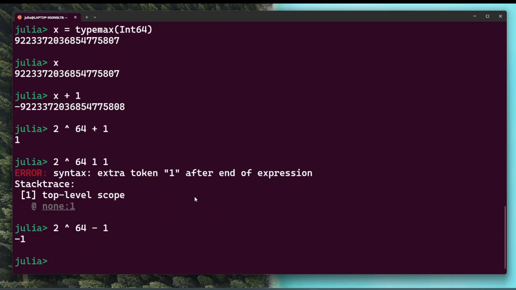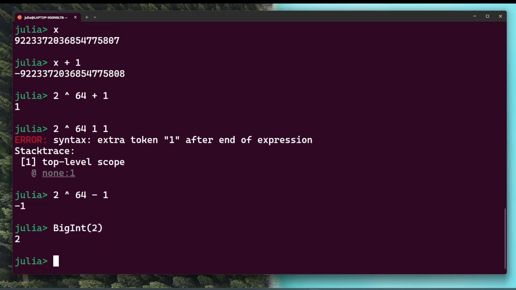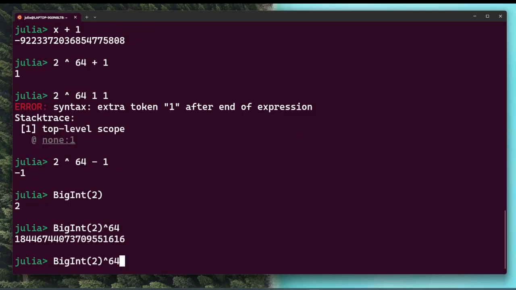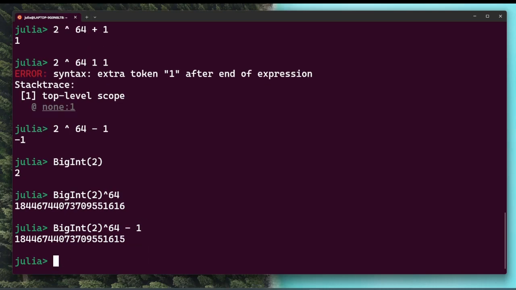One way to deal with this is to use BigInt. It solves this problem. I use big(2) and then raise to the power 60, and it gives us this much. If you're dealing with this kind of number, it is recommended to use BigInt.